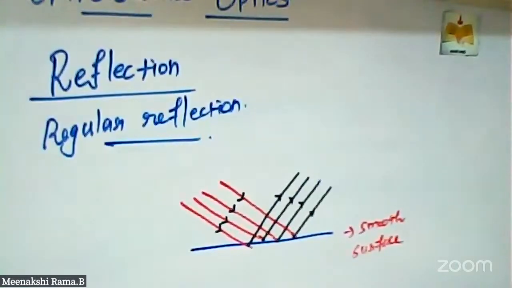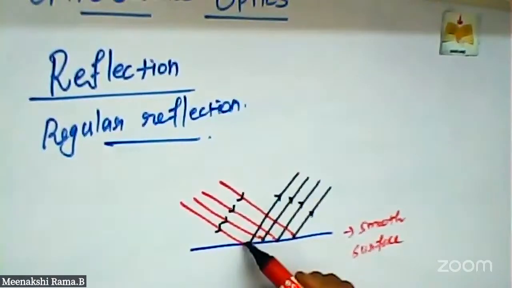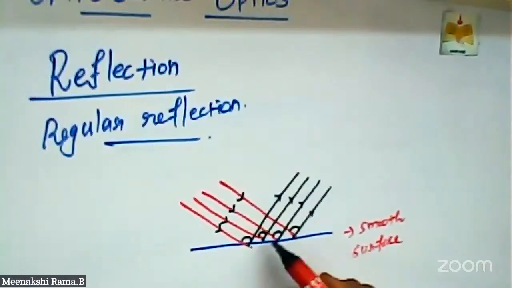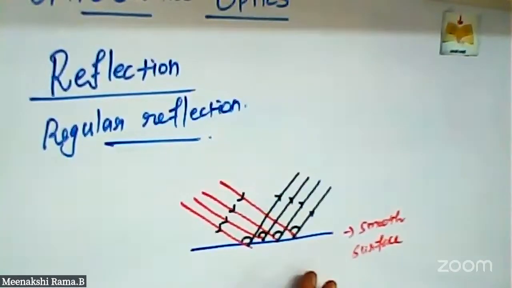The angle of incidence and the angle of reflection will be equal also, for each and every ray. This is the right formation. The regular reflection follows the laws of reflection.